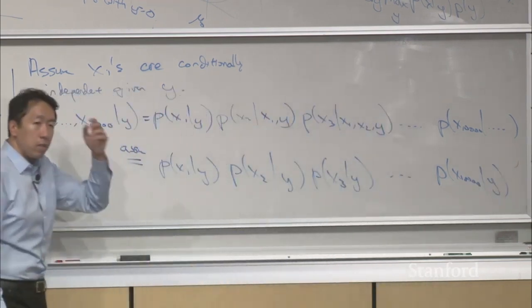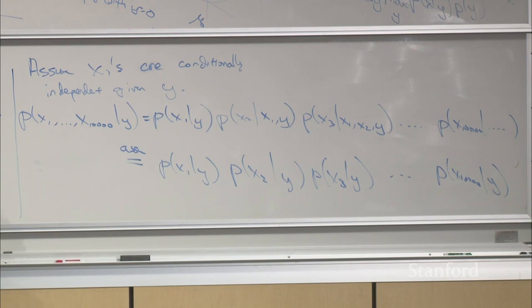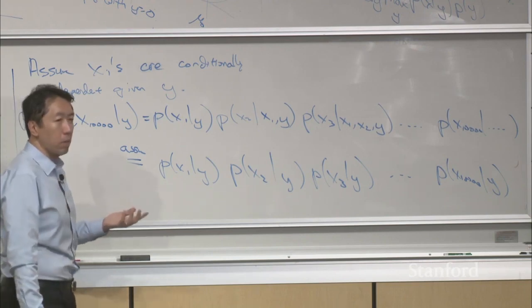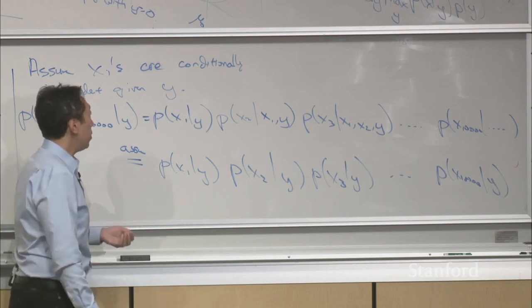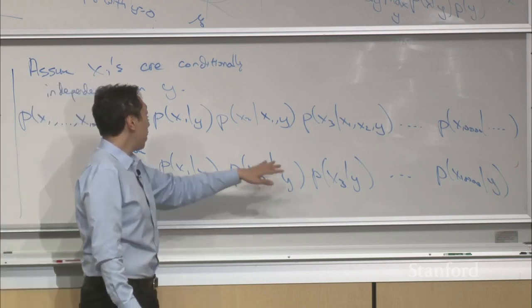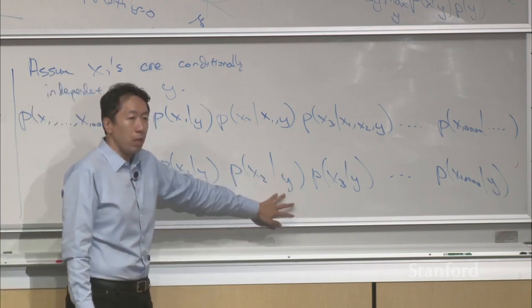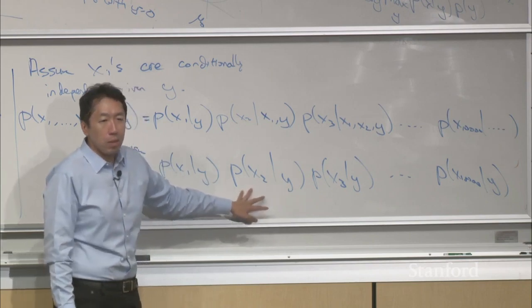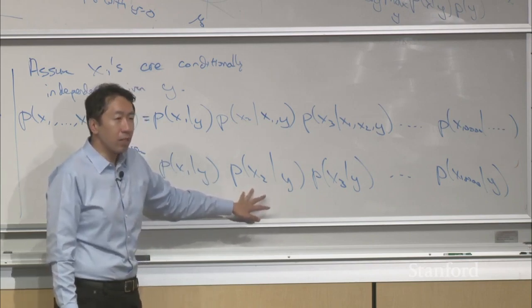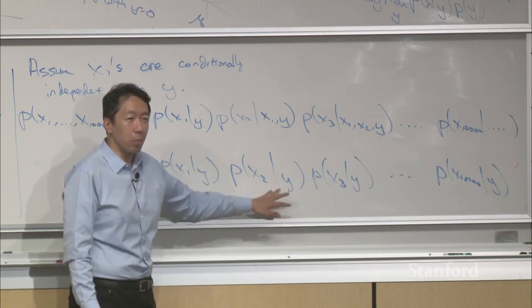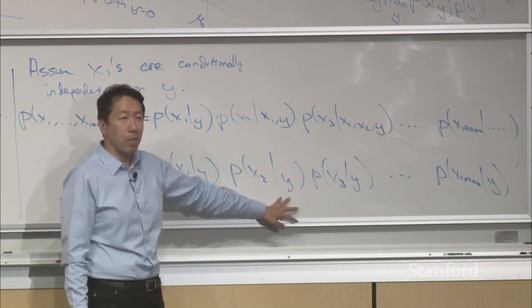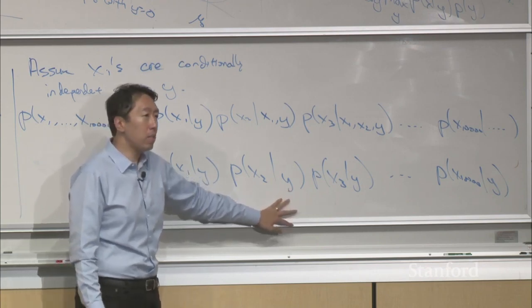This assumption is called a conditional independence assumption. It's also sometimes called the naive Bayes assumption. You're assuming that so long as you know y, the chance of seeing the word aardvark in your email does not depend on whether the word a appears in your email.